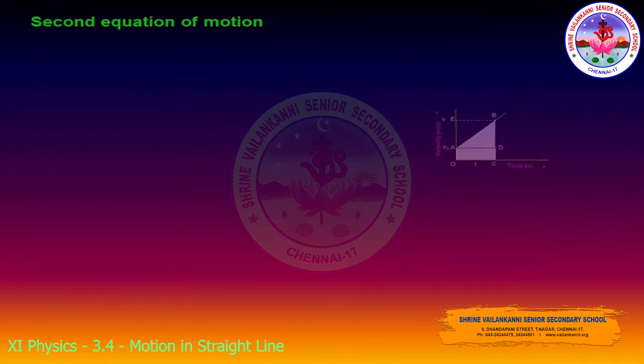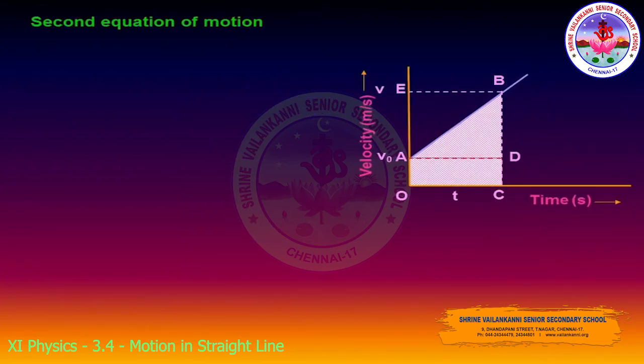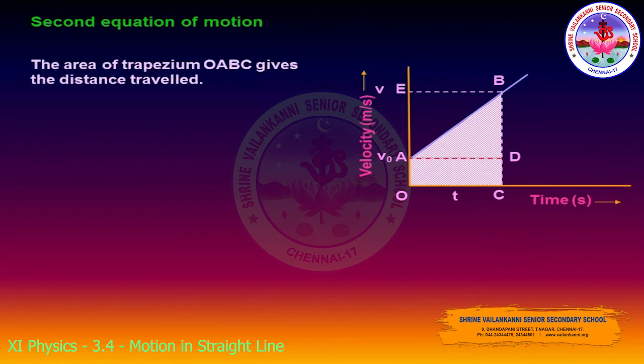And the second equation, with the same diagram, we have to calculate the distance traveled by the object in time t, right? So for distance traveled, what do we have to know? The area of the trapezium, that the object has traveled from O to A, B and C, right?